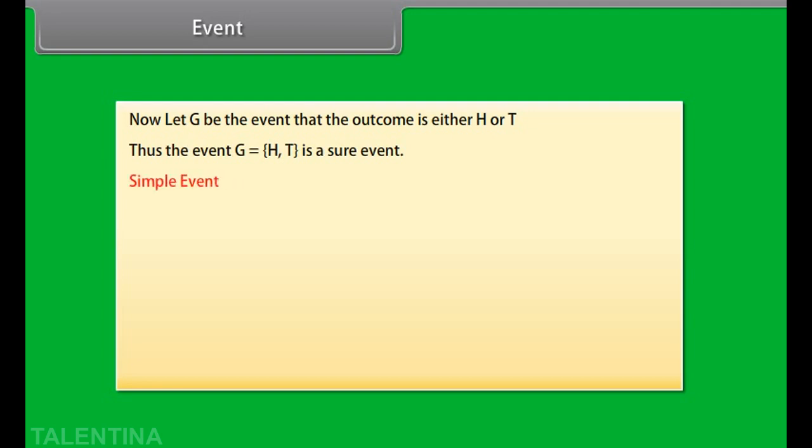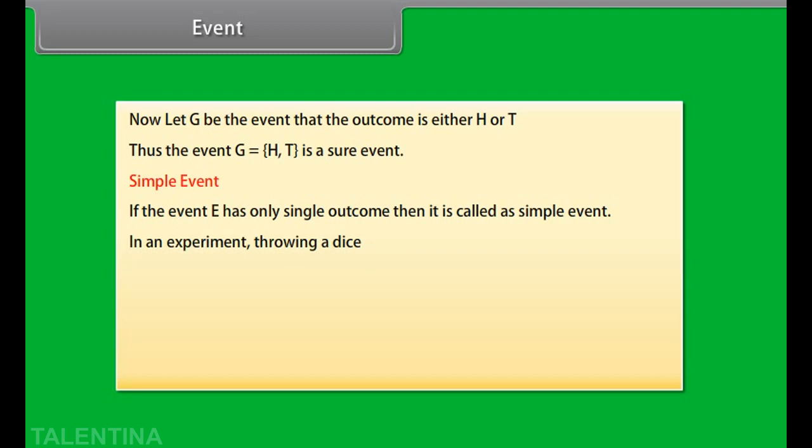Simple event. If the event E has only a single outcome, then it is called a simple event. To understand it, let's take an example. In an experiment of throwing a dice, the sample space is S is equal to {1, 2, 3, 4, 5, 6}.